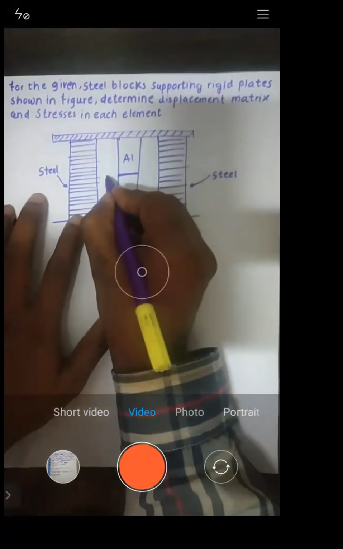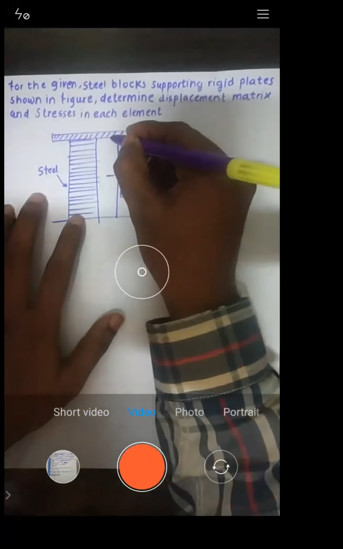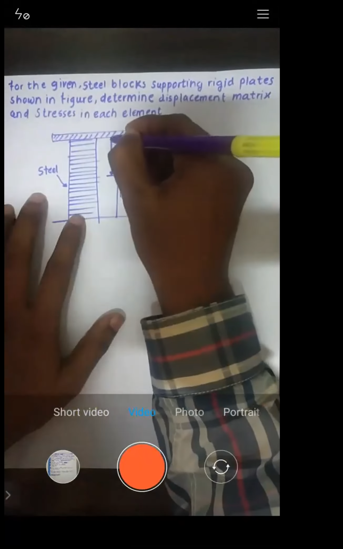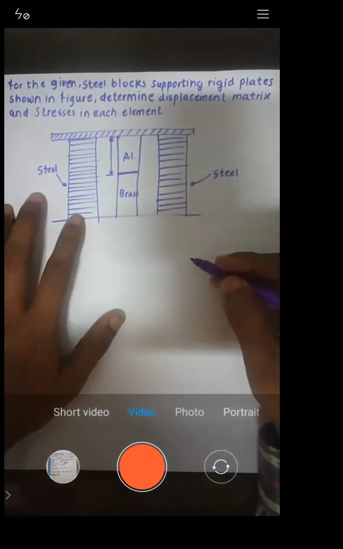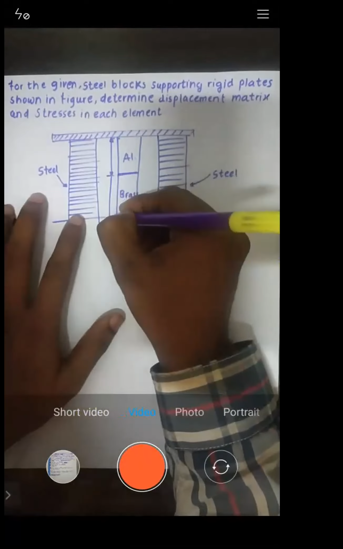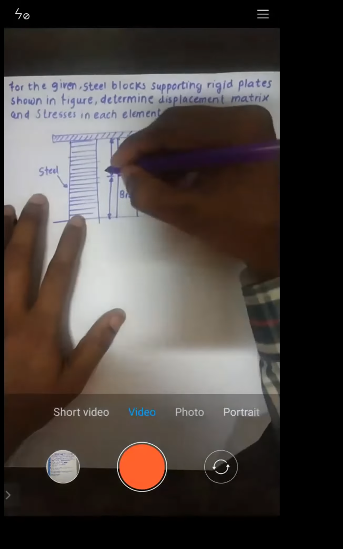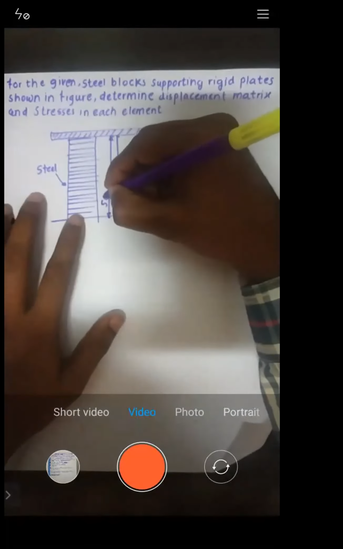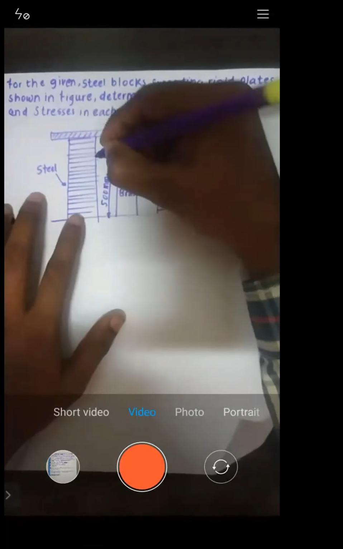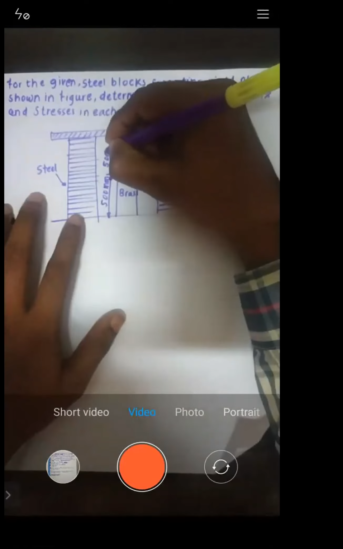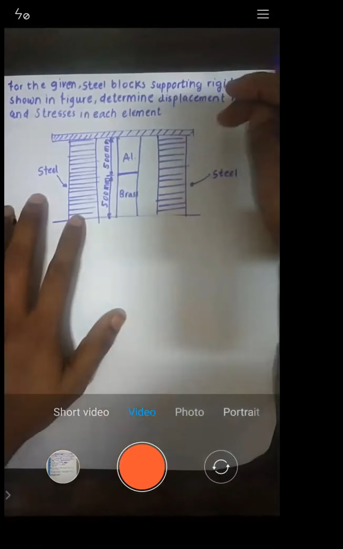See this length of the aluminium block. Similarly, this is the length of the brass block, and they are measuring 500 mm. This is again 500 mm.